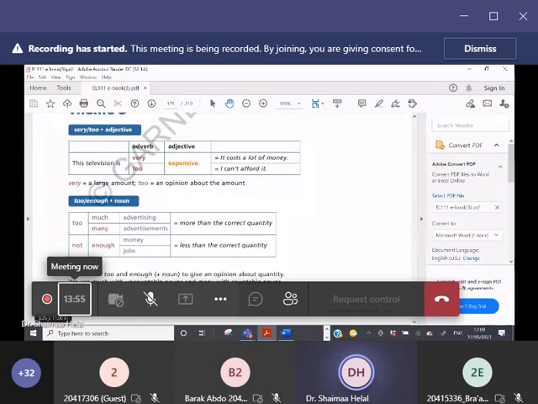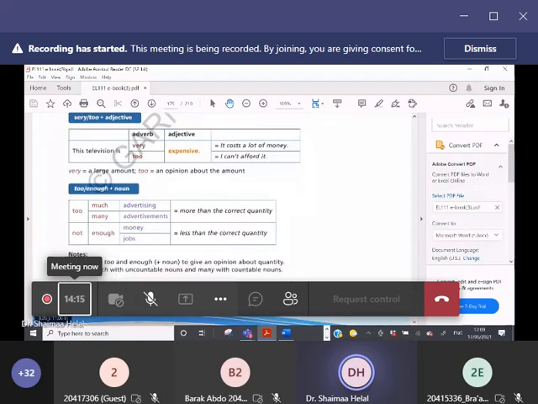Again, we can use too and enough plus noun to give an opinion about quantity. It's my opinion related to something, according to my point of view. And we can use much with uncountable nouns and many with countable nouns, preceded, of course, by too.